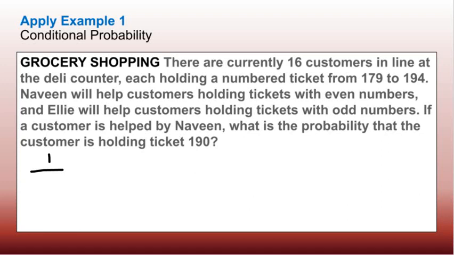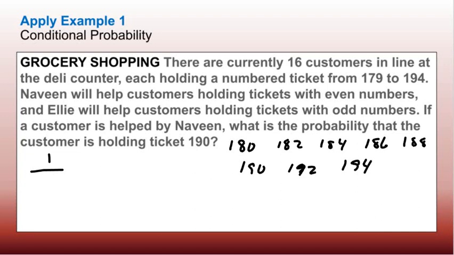So the even numbers between 179 and 194 would be 180, 182, 184, 186, 188, 190, 192, and 194. So out of those, there's 1, 2, 3, 4, 5, 6, 7, 8. Out of the 8 people, one of them is holding ticket 190. So the probability is 1 out of 8.